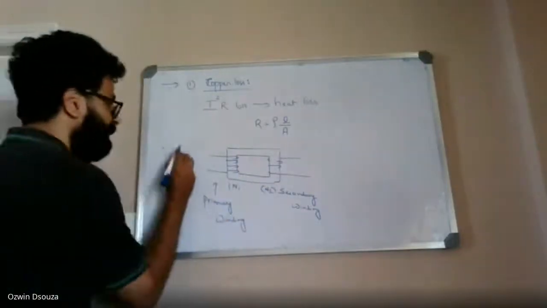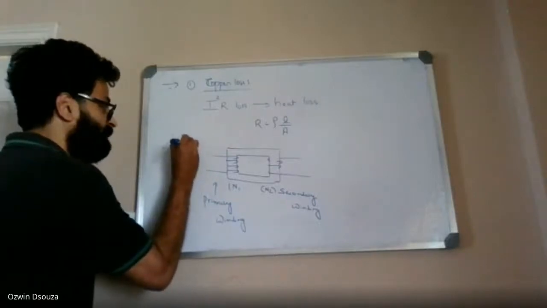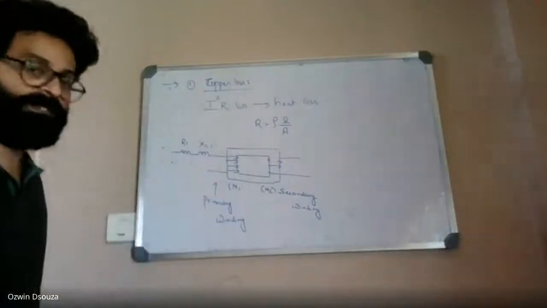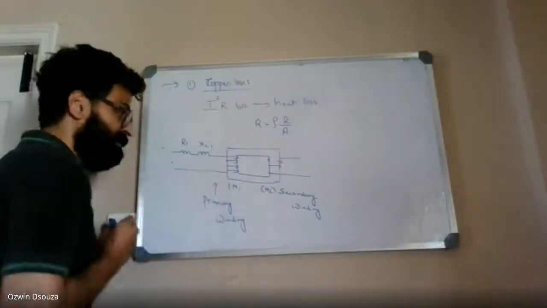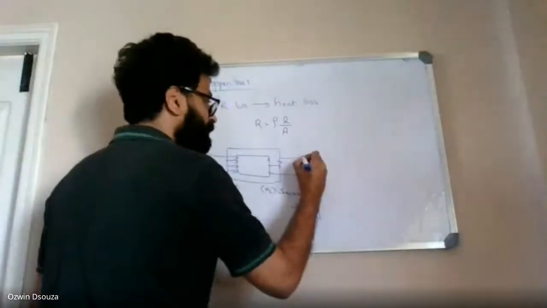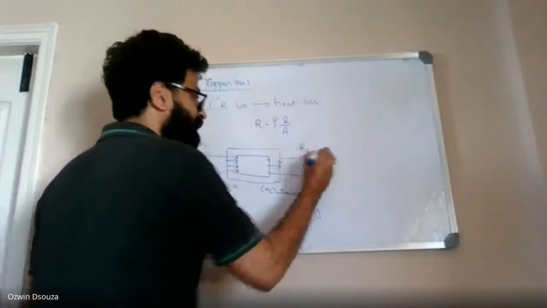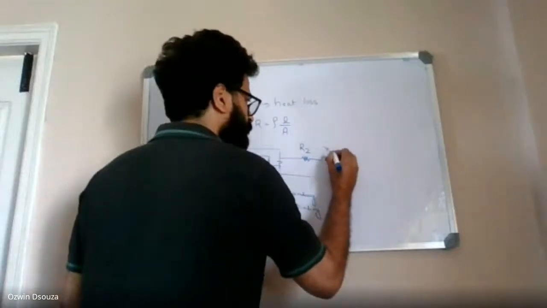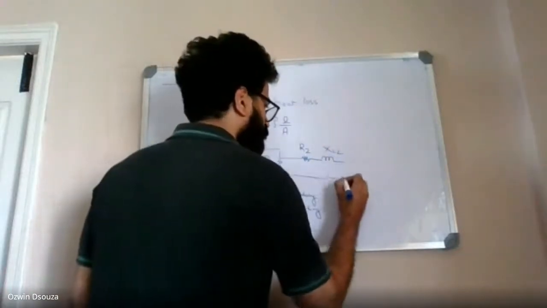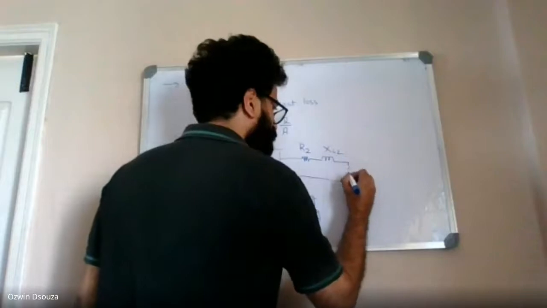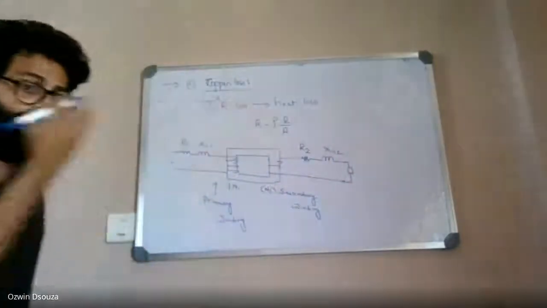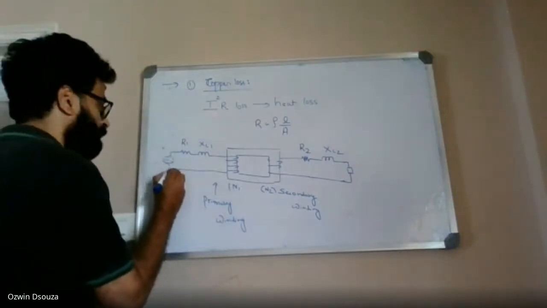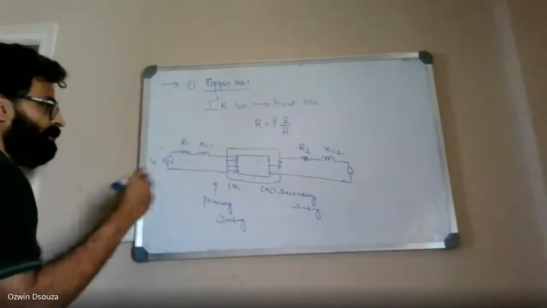The primary winding will have primary resistance R1, and let's say XL1 is the reactance of the primary winding. Similarly, the secondary winding will have secondary winding resistance R2 and reactance XL2. This is connected to some load which is immaterial at this point of time. Now, the primary is connected to the source, say V.